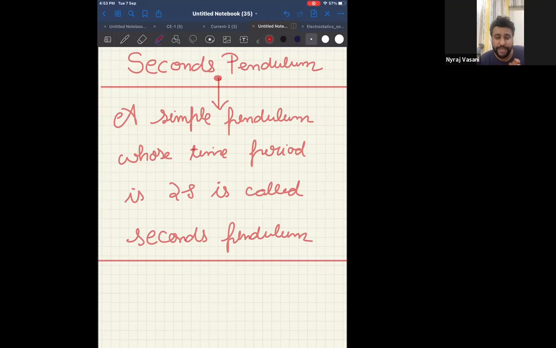My question to you is, can you derive the formula for... okay, come back. Copy this. This is your definition of seconds pendulum. A simple pendulum whose time period is 2 seconds is called a seconds pendulum.